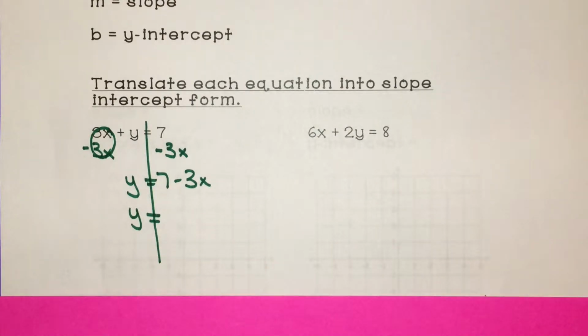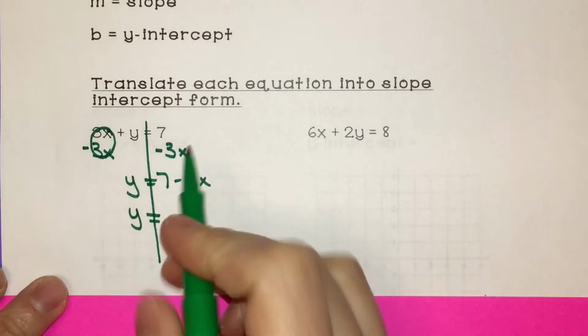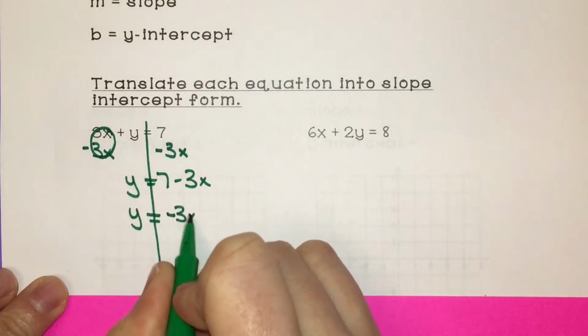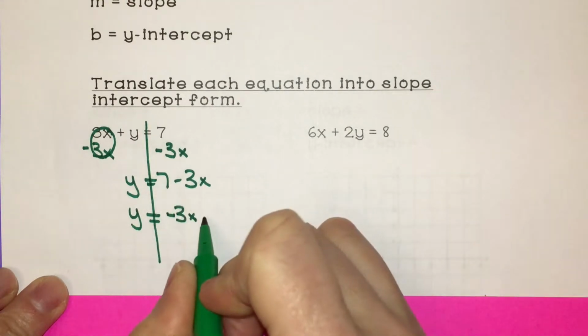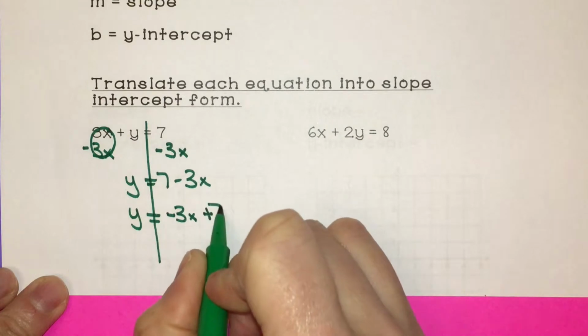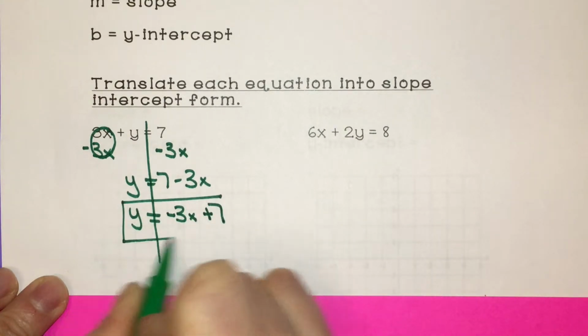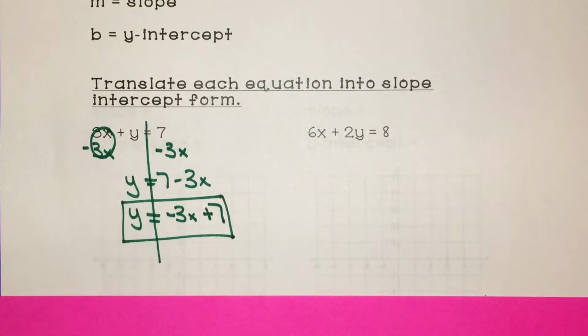So I need to keep 3x negative and the 7 positive when I rearrange. So this becomes negative 3x in front, because that negative or minus stayed with the 3x. And because 7 is positive, it's plus 7. And this is in slope-intercept form.